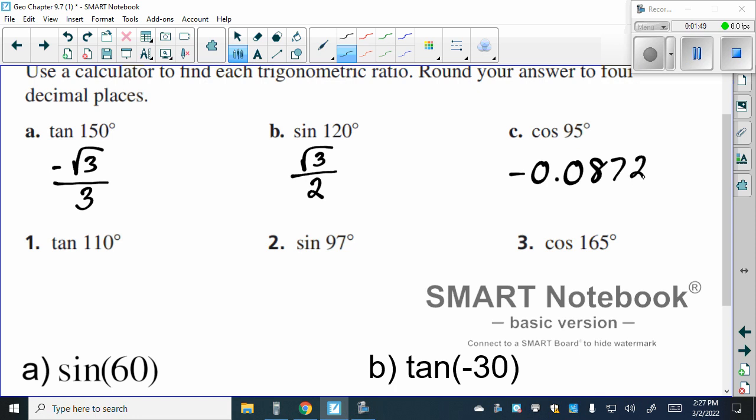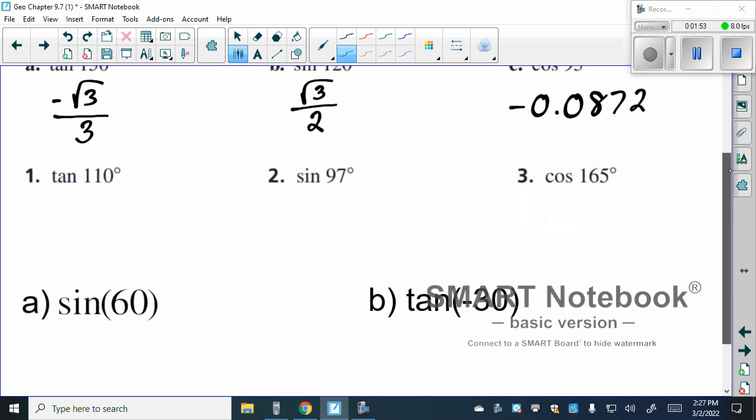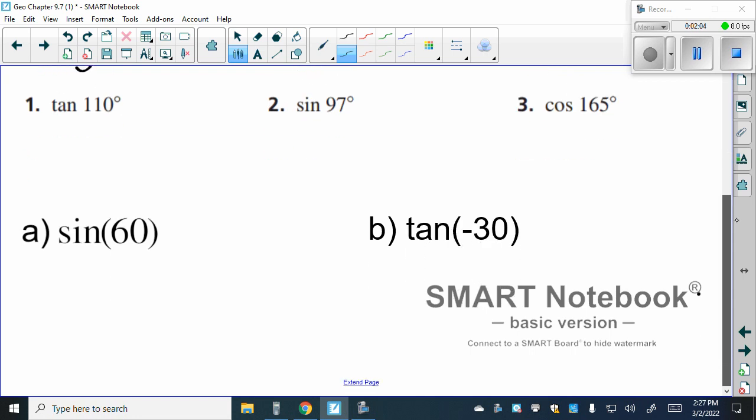And we do get a specific value for each one of these here. Now for sine, cosine, and tangent, when we get these bigger angles, positive or negative, there are some that we do need to be careful with if we're taking it the other way around.